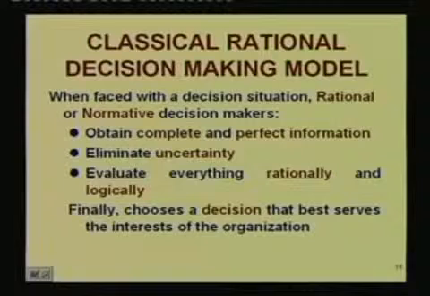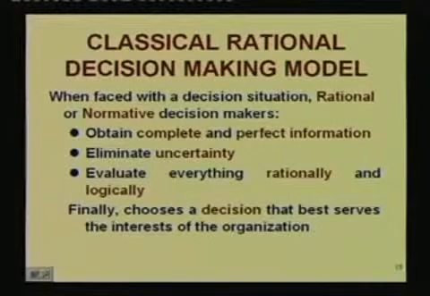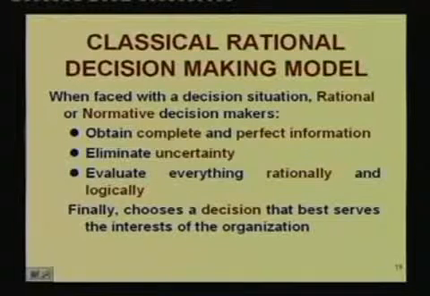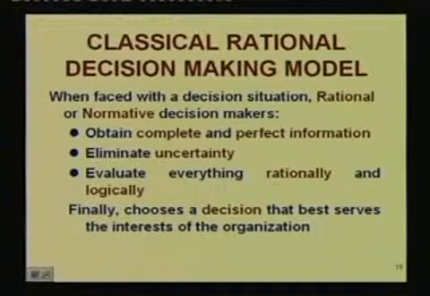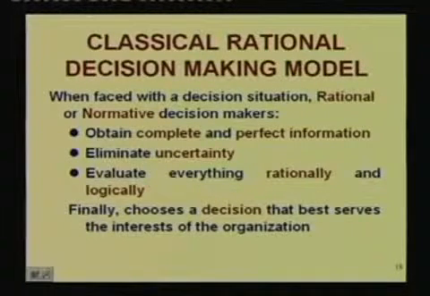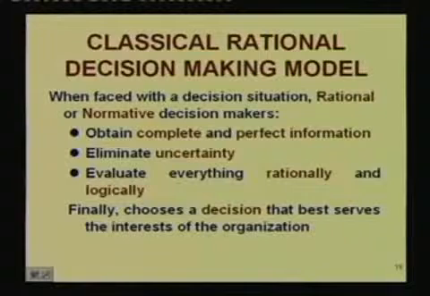Now first of all, the classical rational decision making model. When faced with a decision situation, rational or normative decision makers obtain complete and perfect information, eliminate uncertainty, evaluate everything rationally and logically, and finally choose a decision that best serves the interests of the organization.